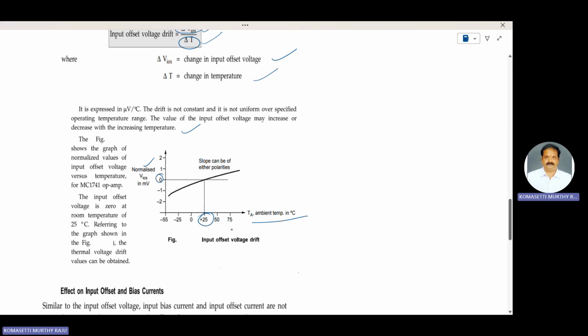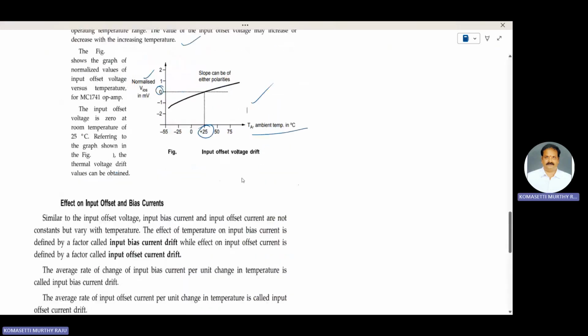Referring to the graph shown in the figure, the thermal voltage drift values can be obtained. The normalized voltage VIOS in millivolts changes like this as temperature increases. This is called the input offset voltage drift curve.